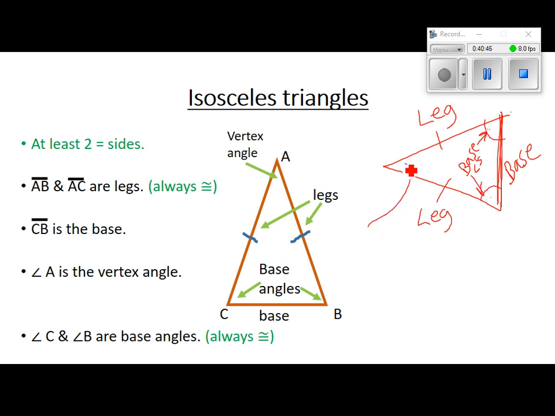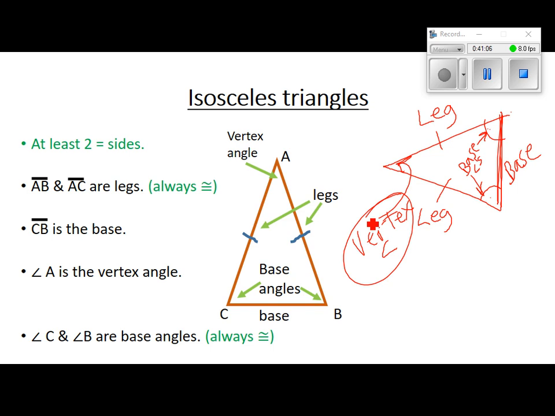The third angle, this is the one nobody ever remembers. What's that third angle called? The vertex angle. That's the one nobody ever remembers, and that's the one that gets used the most. If they tell you you have an isosceles triangle, they're probably going to tell you that a certain angle is the vertex.